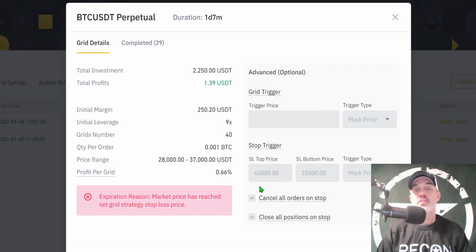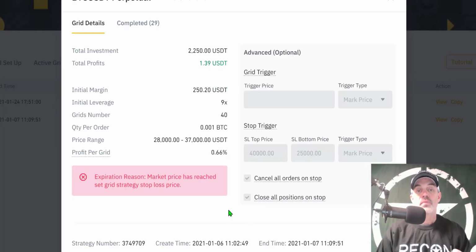So I had my stop loss price, meaning stop the bot, set at $40,000 on the upper level, and Bitcoin proceeded to set an all-time new high and broke through that 40,000 level, therefore closing out my bot in essentially one day.